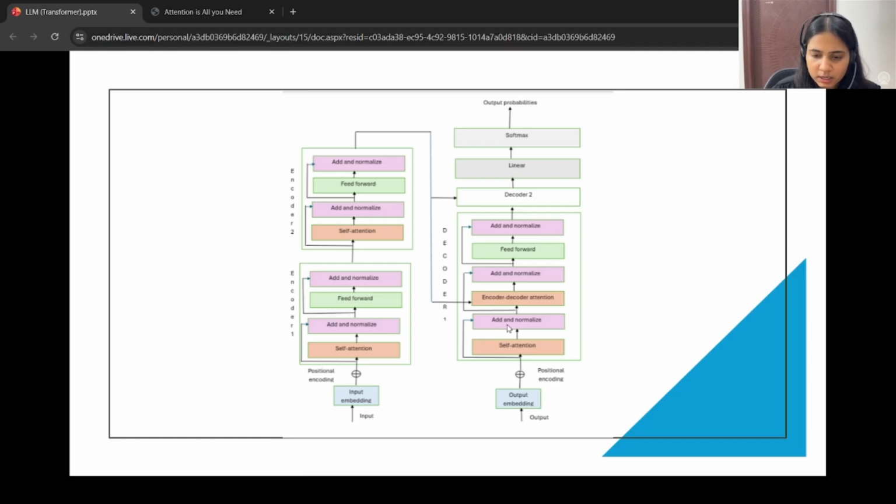If we see here in the decoder, there is one extra layer, that is encoder-decoder attention, except for that all the layers are the same as the encoder. So what will the decoder do? The decoder will generate the output sentence one word at a time by using the input meaning and the words it has already generated.